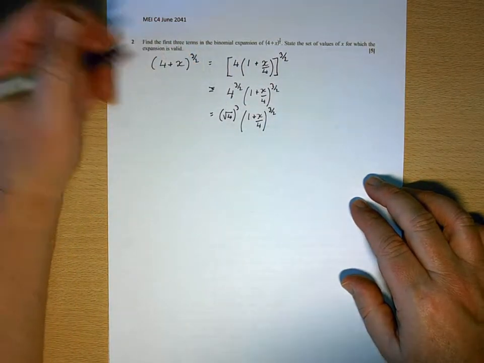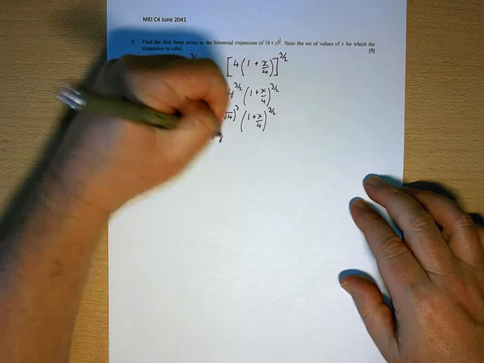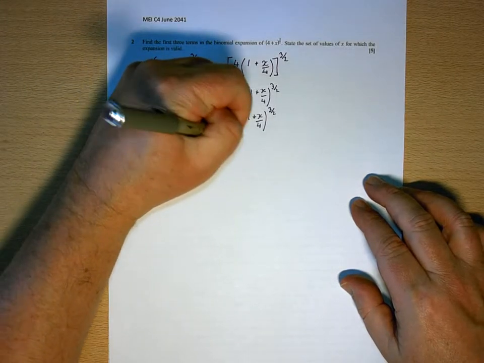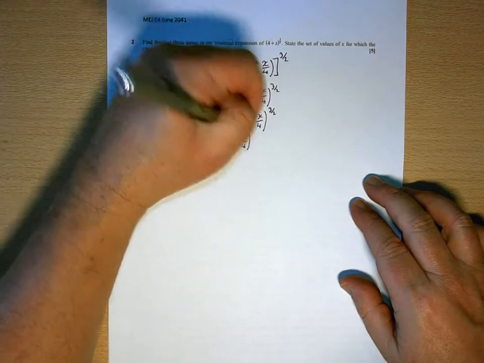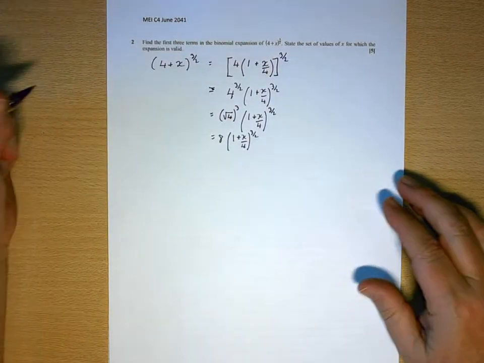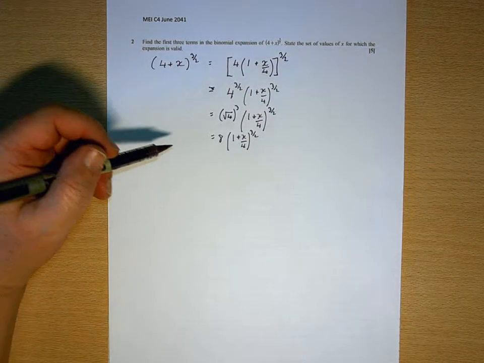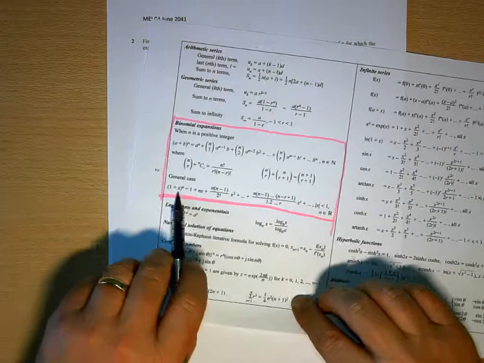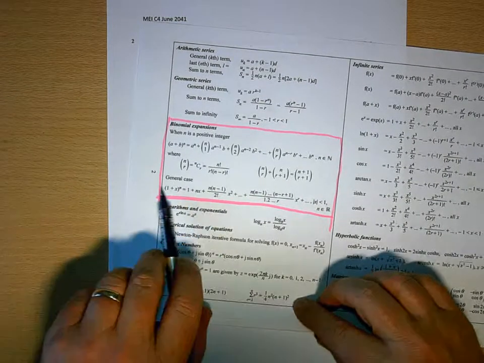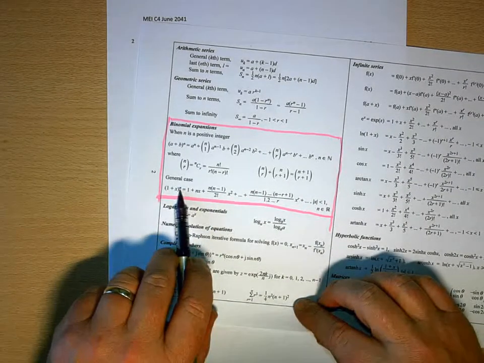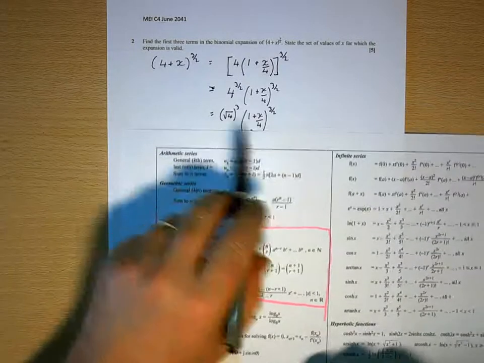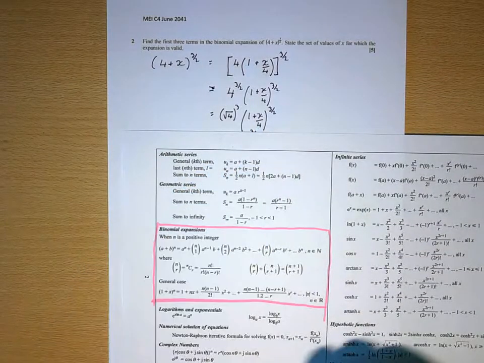Square root of 4 is 2, 2 cubed is 8. And now it's in a form that allows us to use this general case, where for us n is 3 over 2, and the x part of it has to be all of it, so it's x over 4.